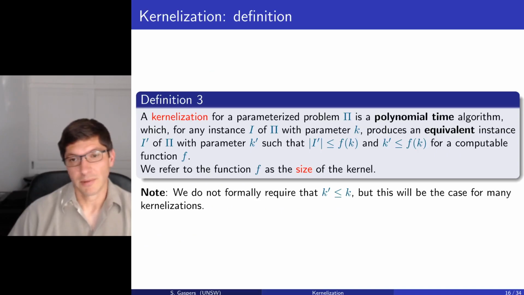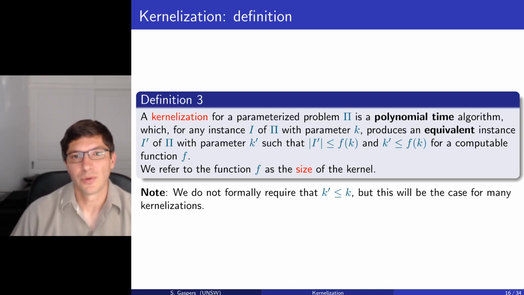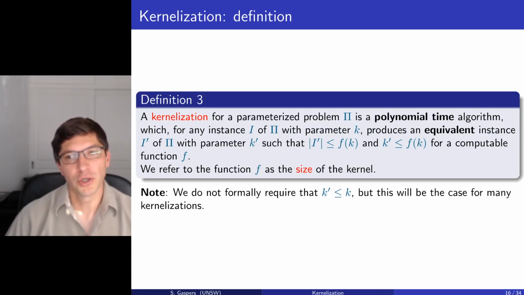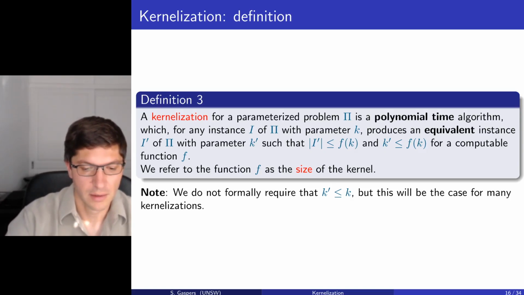And so we are now very close to the definition of kernelization algorithms, or kernelization. So a kernel, or kernelization for a parameterized problem, is a polynomial time algorithm which, for any instance with parameter k, produces an equivalent instance of the same problem. So the input problem pi here and the output problem, those are the same problem.